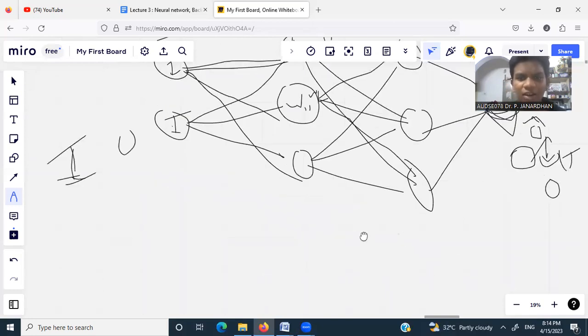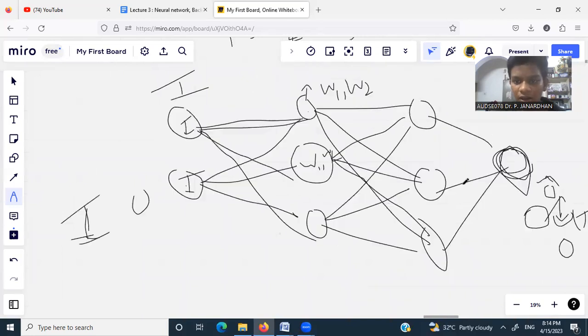Now let's look at how this complex neural network updates the parameters of each neuron. In the actual world there will be many neurons, like millions of neurons. If you look at models like GPT-3, they have billions of parameters.